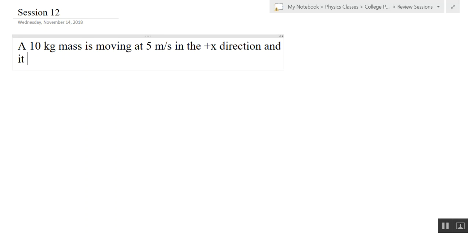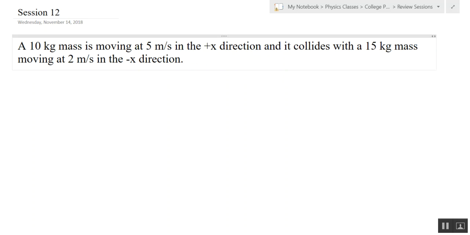A 10 kilogram mass is moving at, let's say, 5 meters per second in the positive x direction, and it collides with, let's say, a 15 kilogram mass moving at 2 meters per second in the negative x direction.